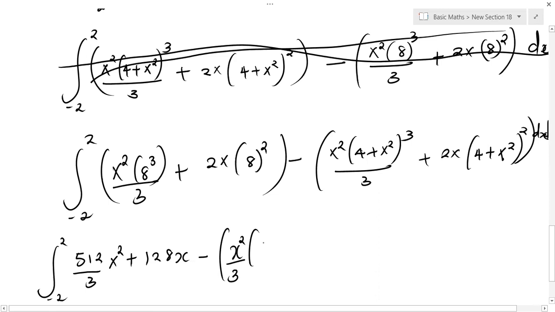Then this is going to be 4 cubed plus 3 into 4 squared. Then we have our x squared right there. Then plus 3, 2. Then we have 4.